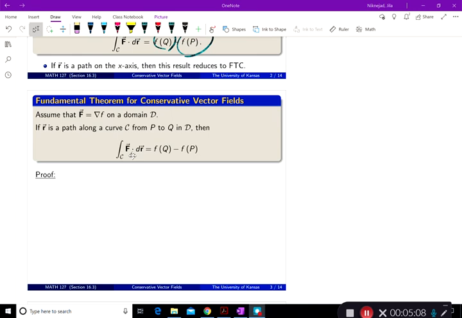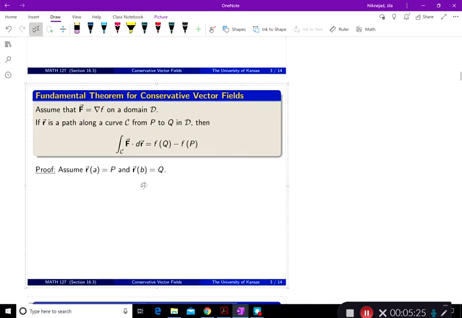We compute r prime of t, then we dot it with F evaluated at r of t, and this goes between the two endpoints: one is the t value that gives P, the other is the t value that gives Q. So I have to figure out what values those are. A gives out point P: if I plug it into r, I get point P. B gives out point Q.